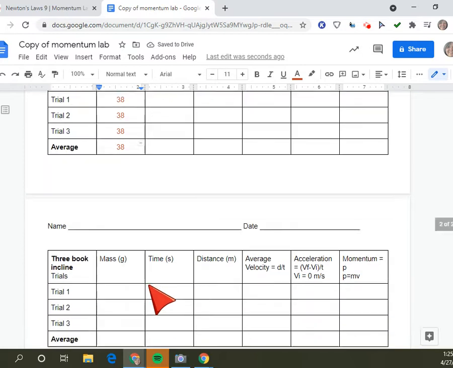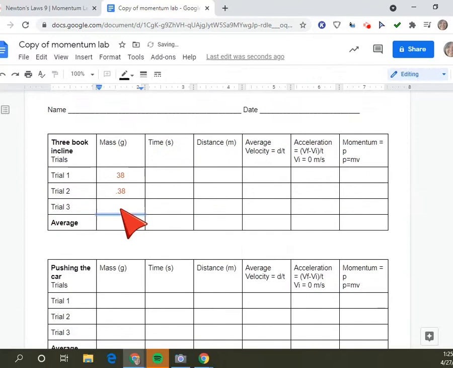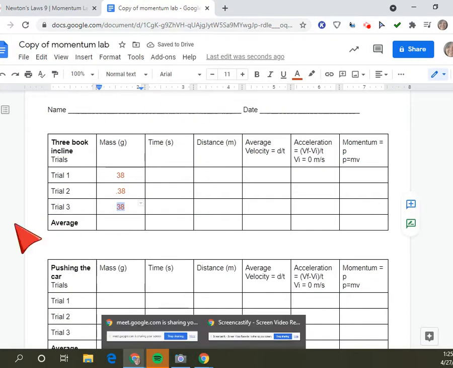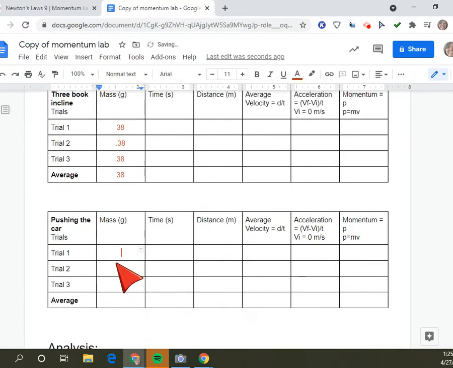There are 4 boxes, so we can copy it down, probably even with Control E.